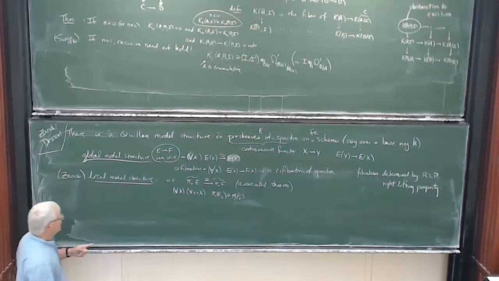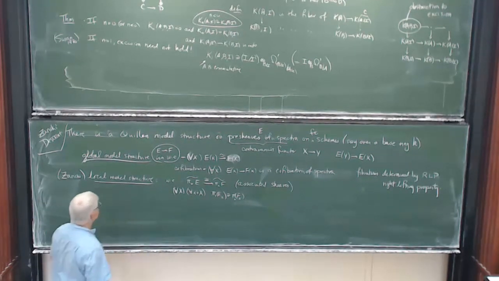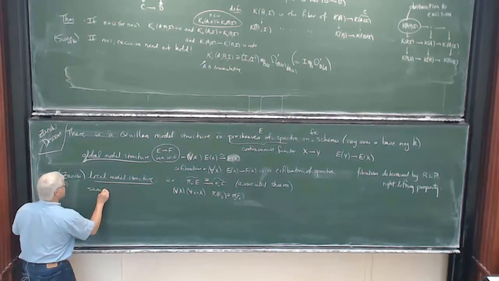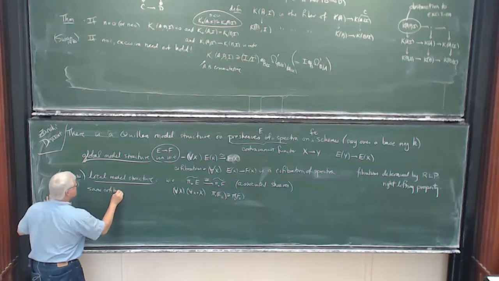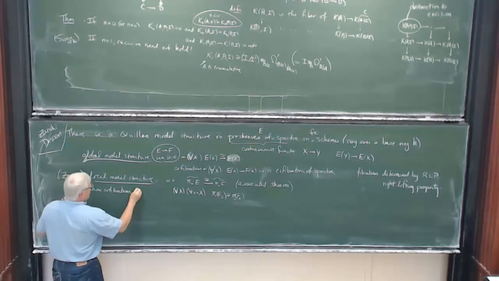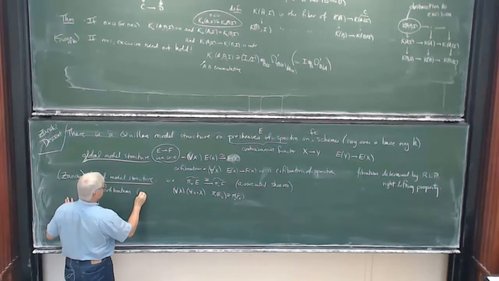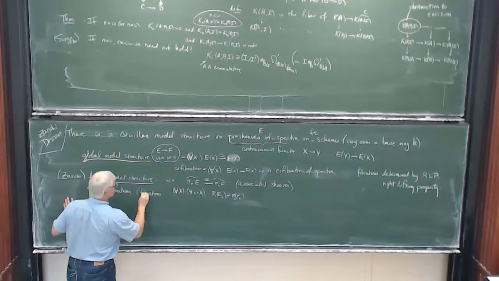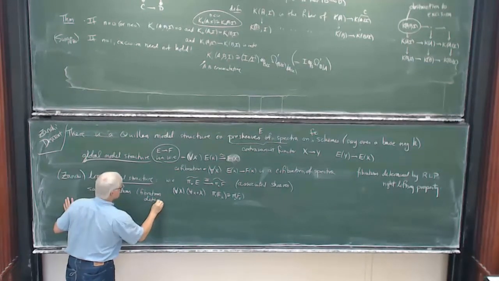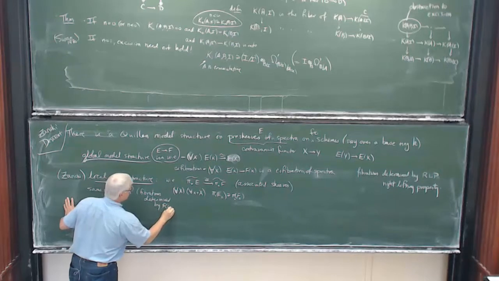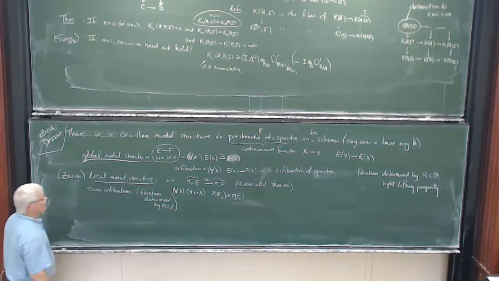Okay. There's a model structure. And the same cofibrations as before. And the fibrations are slightly different. But they're again determined by the right lifting property in a model structure.